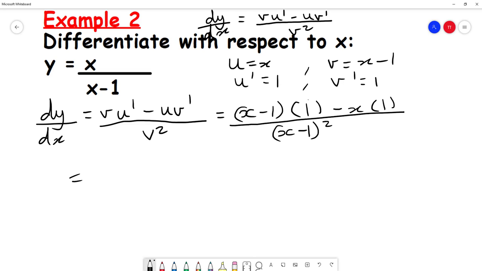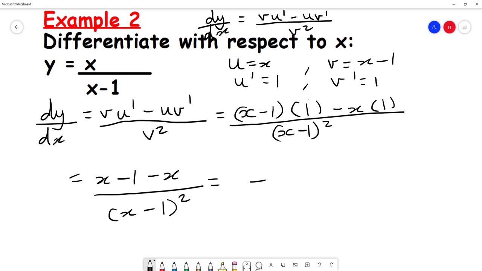So that's going to give me x minus 1 minus an x, all over x minus 1 squared. The x and the x cancel, so I get minus 1 over x minus 1 all squared, and that's my solution.